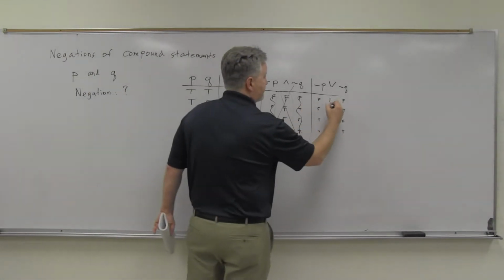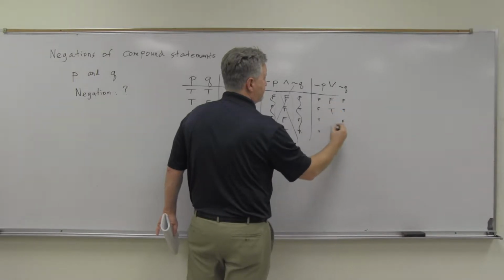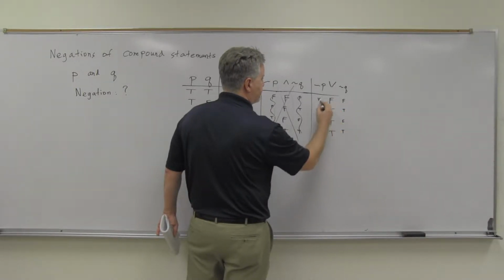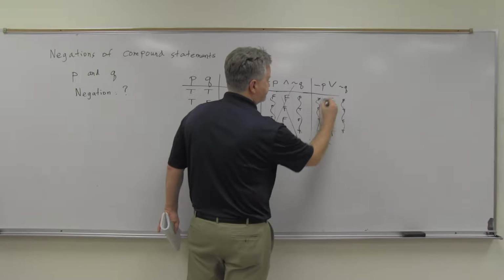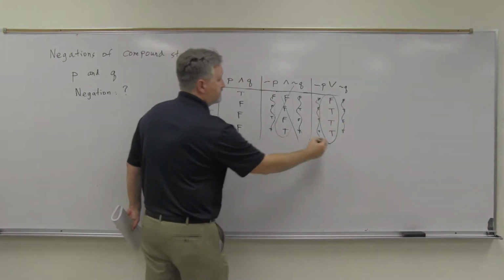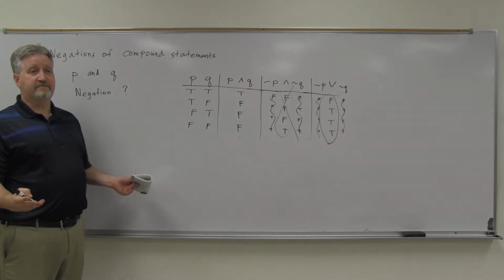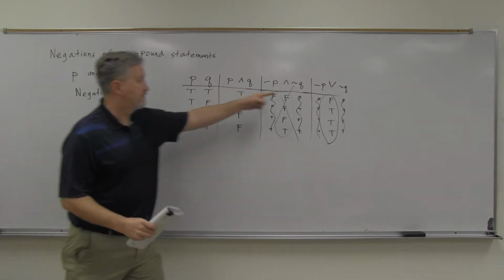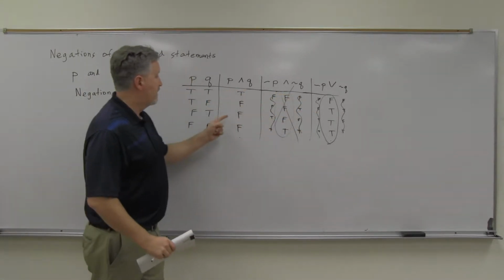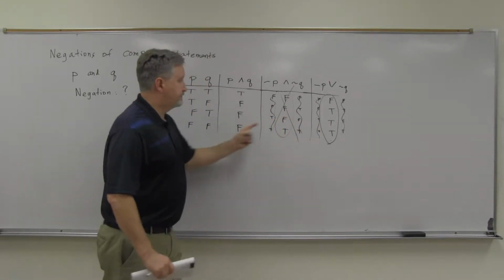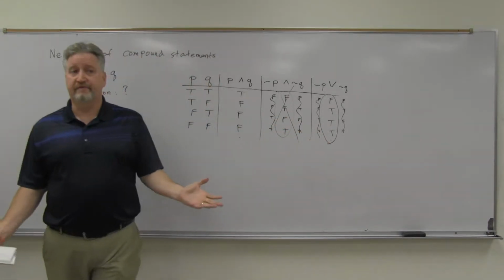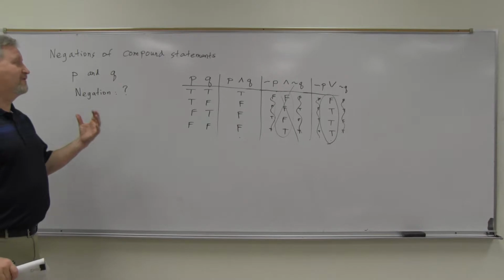So false or false is false, false or true is true, true or false is true, and true or true is true. And hey, look at that. Compared to the and statement there, that's exactly the opposite, isn't it? You got true, then you got false, false, and then you got false. It's exactly the opposite.